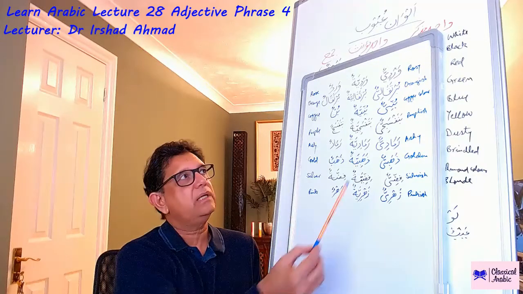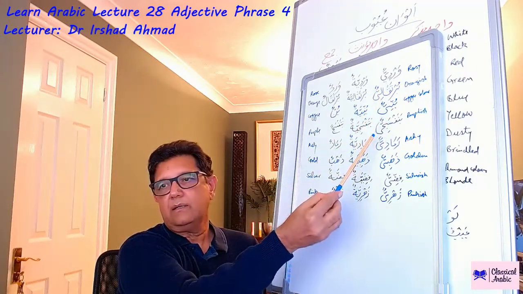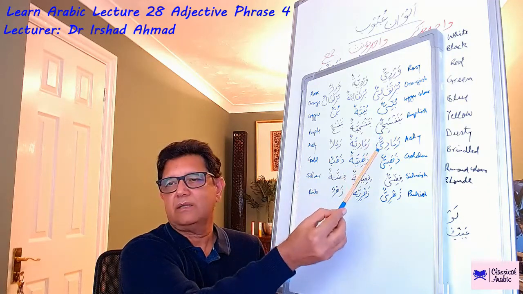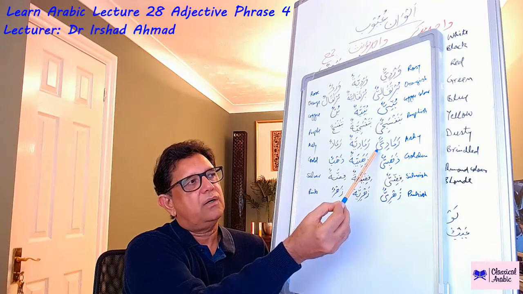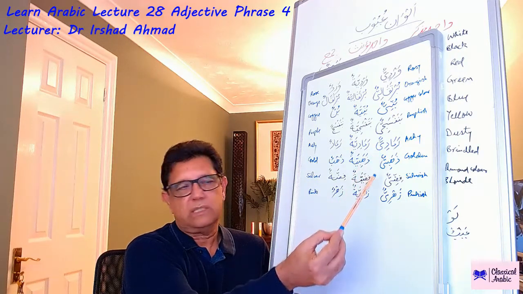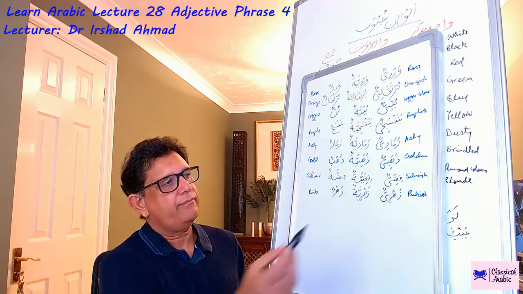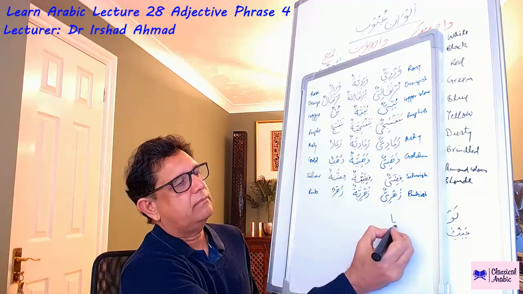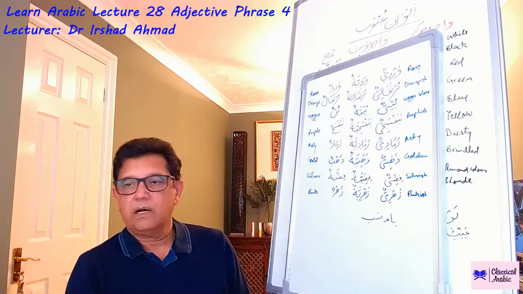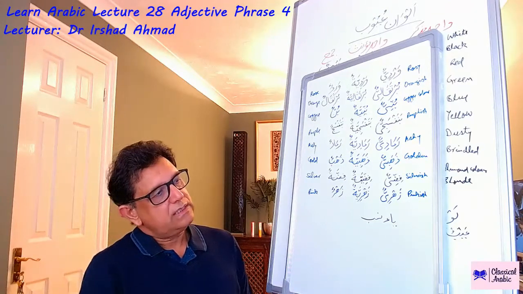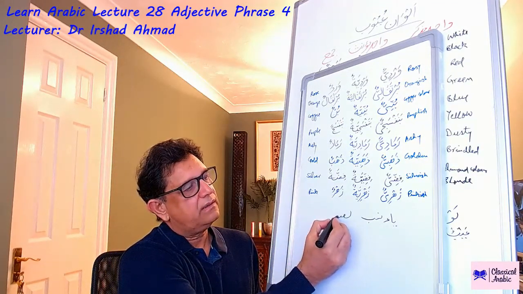If we look carefully, we can see that all these words end in ya shadda, which we can call ya mutashaddid, or we can call ya of nasab, or ya of attribution. So this nasab is different from the other word which we are familiar with, nasab.